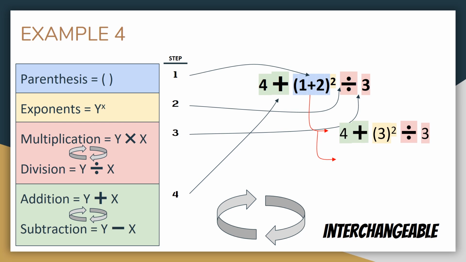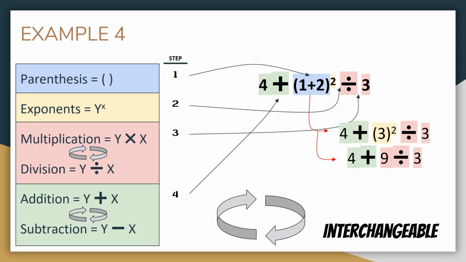So 3 to the power of 2 is 9. So now you have your new number here. It's not 3 to the power of 2 anymore. You see here it's 9 that has replaced it because that was your answer. So now we rewrite the problem again, and we go 4 plus 9 divided by 3.